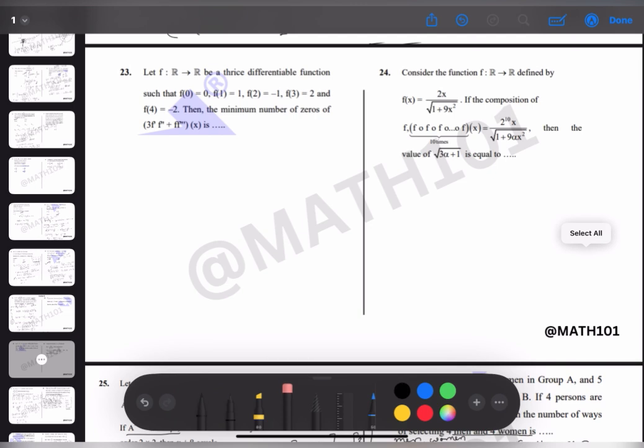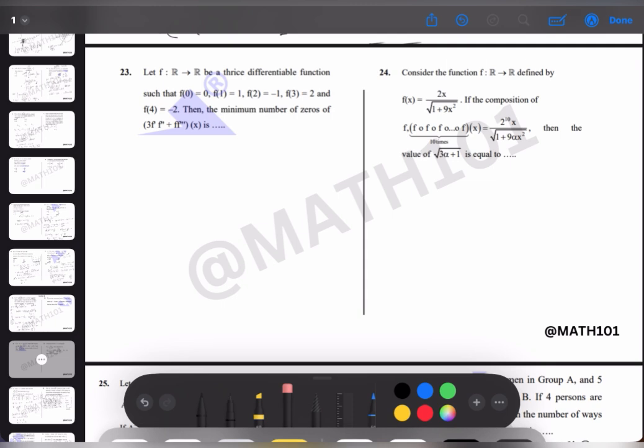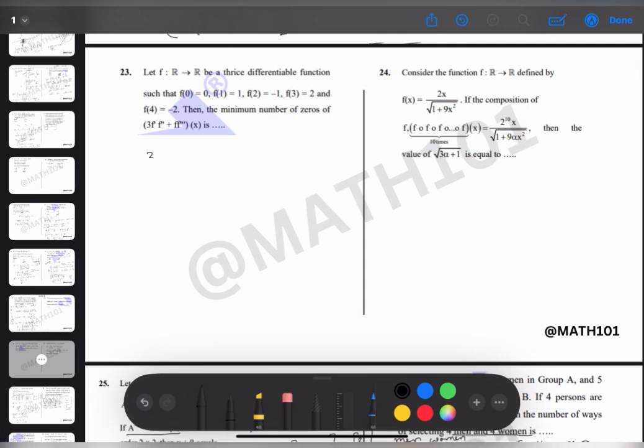For question number 23, we have 3f prime f double prime plus f triple prime. This is equal to 2f prime f double prime plus f prime f double prime plus f triple prime.